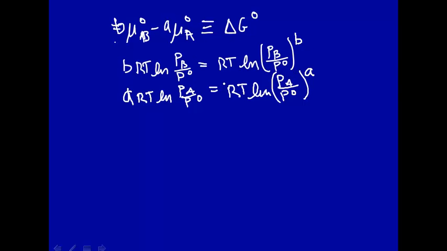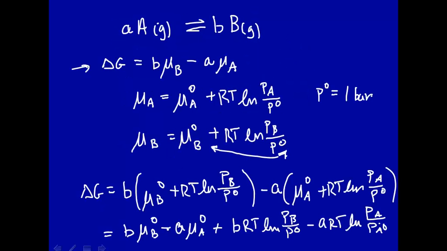So putting all those manipulations together, and using that symbol delta G to represent it, we're going to rewrite this equation.